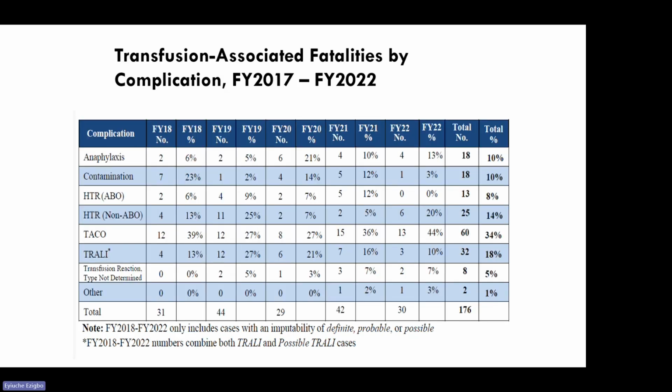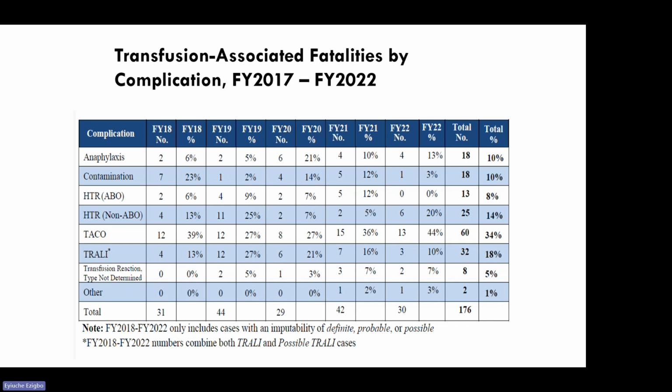So also this slide, transfusion associated fatalities by complications. When you look at the number of complications broken down into numbers, anaphylaxis as at here 2, then it increased and then decreased again and then remained steady as at this time.